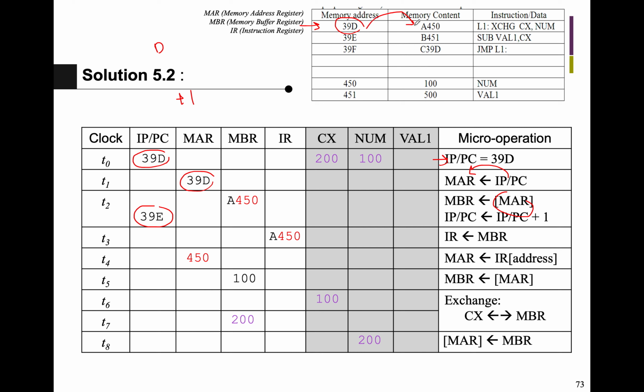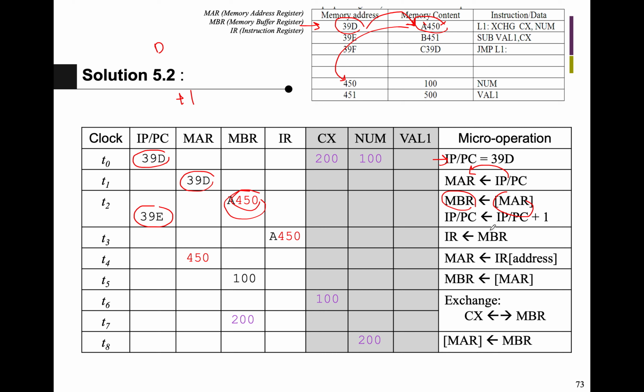And your MAR value, you're going to see inside of this, this is inside of the memory. 450. This A is not the value, but the value of your address is 450 only. Then you're going to jump to your 450. But firstly, your MBR will be updated with the value of this one. So that's why your MBR is A450.